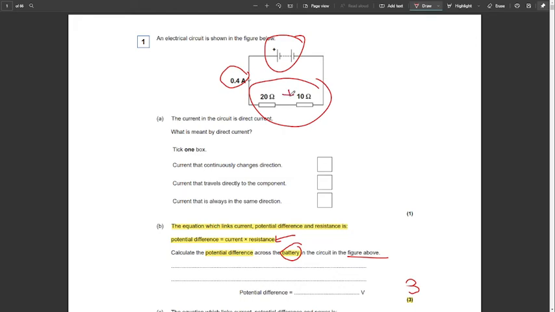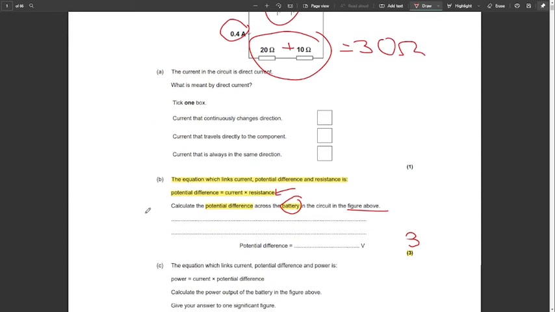First thing, you need to add these together, I do believe, and that gives you 30 ohms. And so now you have 30 times 0.4, which is going to give you an answer of 120,000.